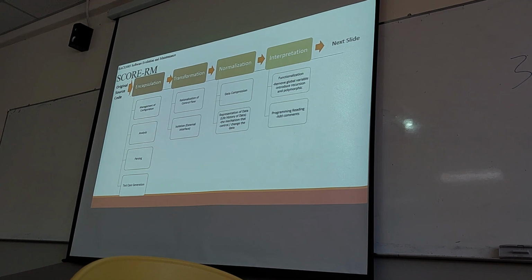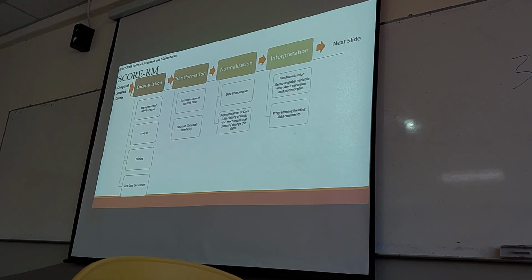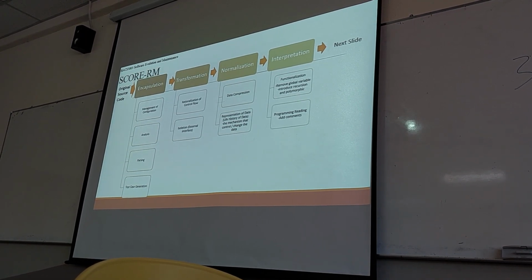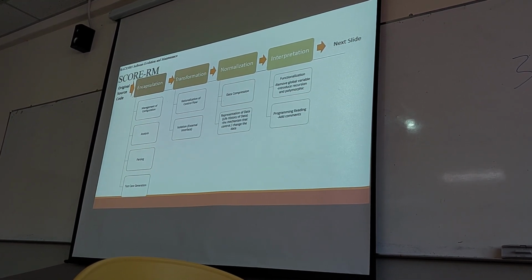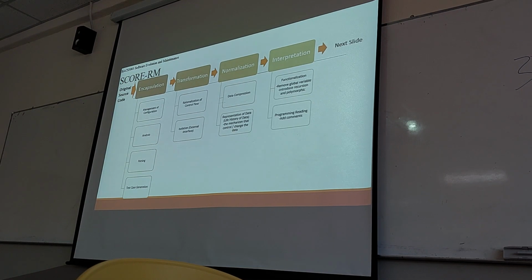Look at this slide here. This is a summary of each of the phases. The first process, or the first function, is called encapsulation. What is happening here is the management of configuration.